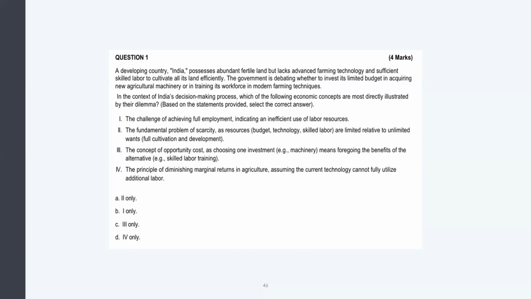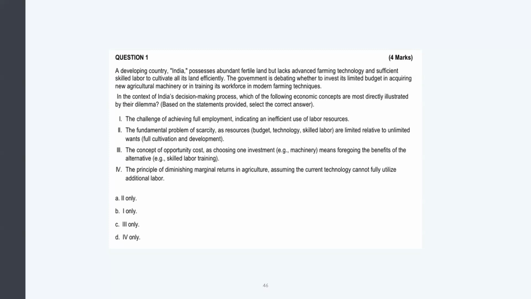The government is debating whether to invest its limited budget in acquiring new agricultural machinery or in training its workforce in modern farming techniques. Right? In the context of India's decision making, which of the following economic concepts are most directly illustrated in this dilemma? And what is the dilemma?